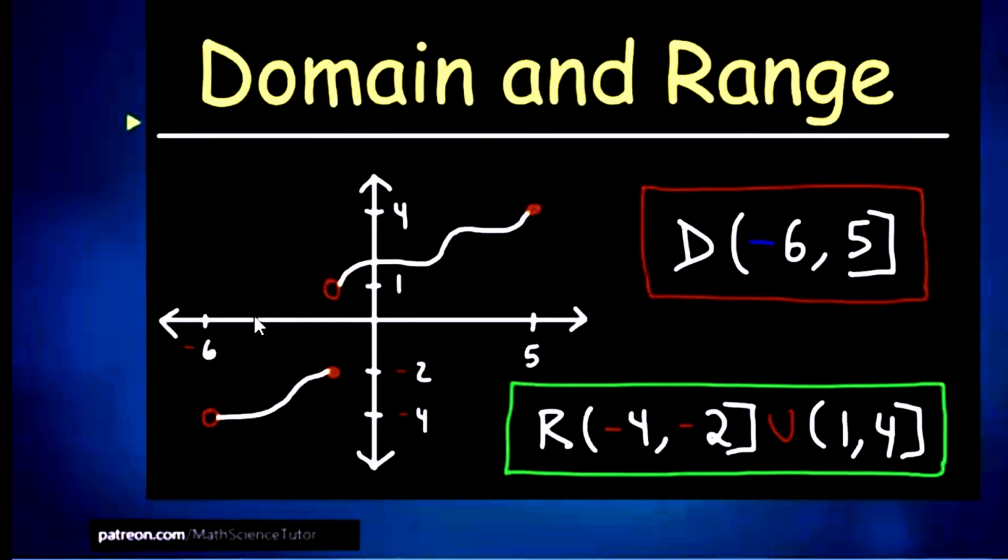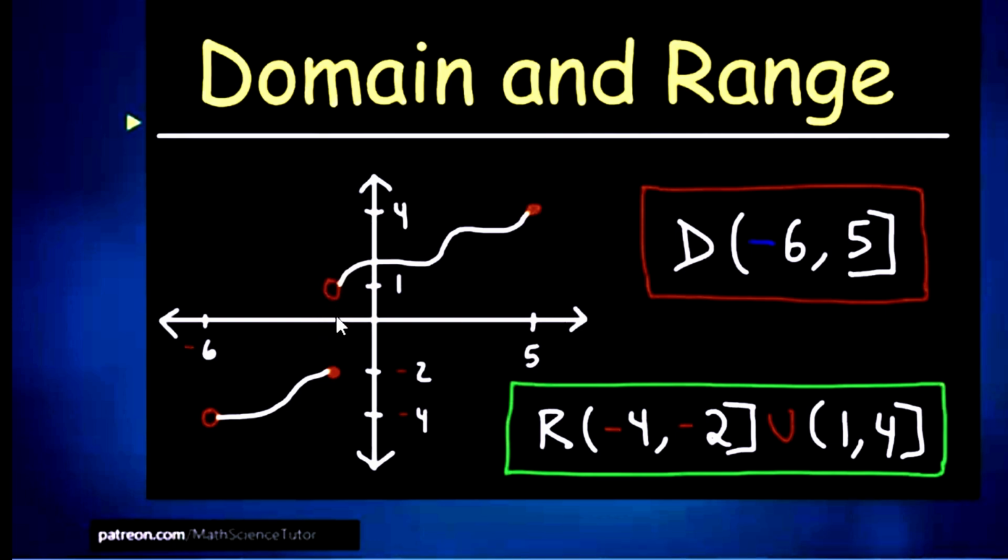And then we continue along the x-axis, and we see that our puddle dried up a little bit. So there's a separation between the upper and the lower region of our graph. But because we have a closed circle here, imagine that if you picked up this piece and you picked up this piece and you connected them together, this closed circle would fill this open circle. So along the x-axis, we know that our domain actually includes -1.